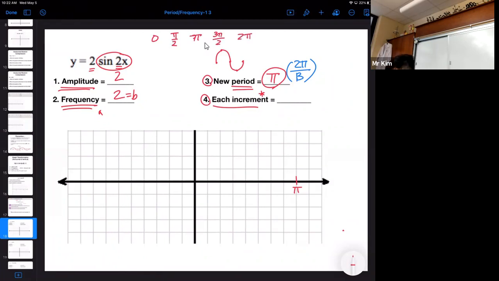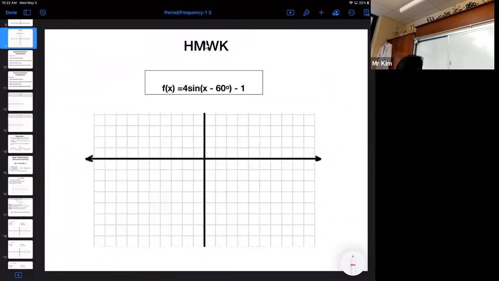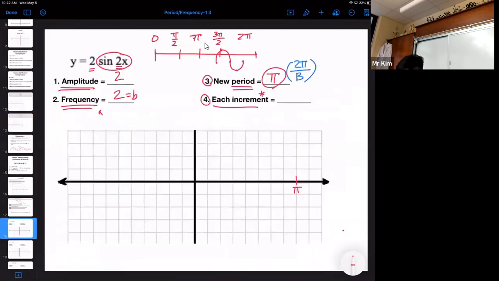If you notice, each of these are portioned in exactly equal amounts. You just have to take whatever that value is at the end, which is 2 pi, a full cycle, and divide it into 4. That's what each of these increments is. So for each increment for this new period, you take whatever your new period is and you always must divide that by 4.